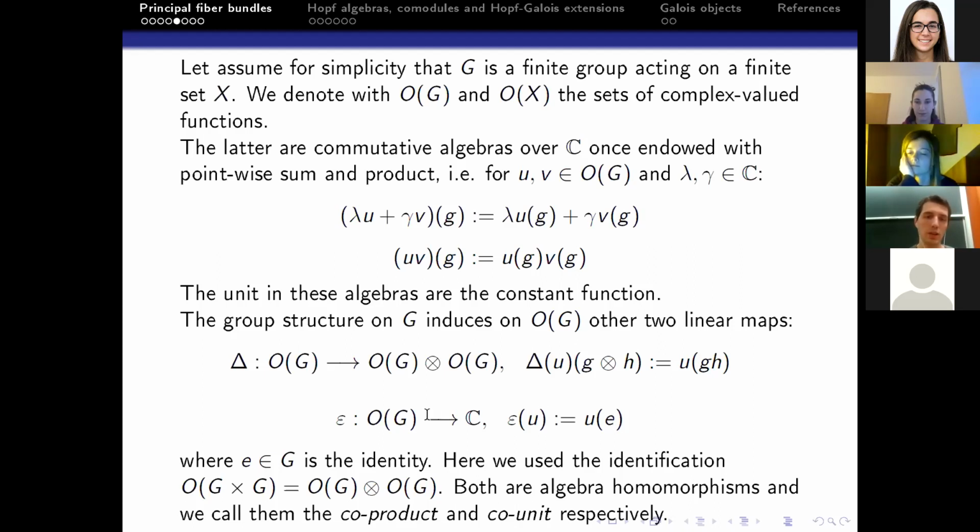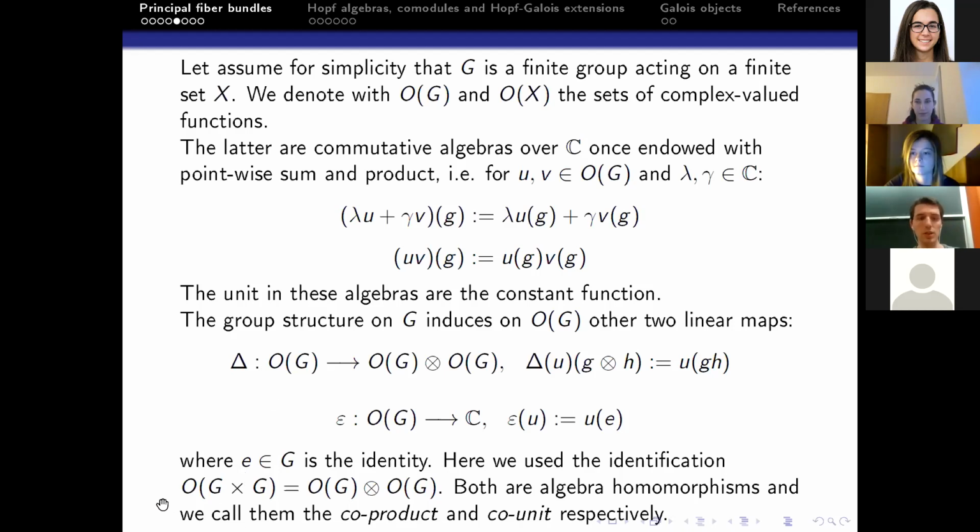And here, to be precise, since the product is a map from two copies of G into G, the map delta is actually a map from O(G) into O(G times G).